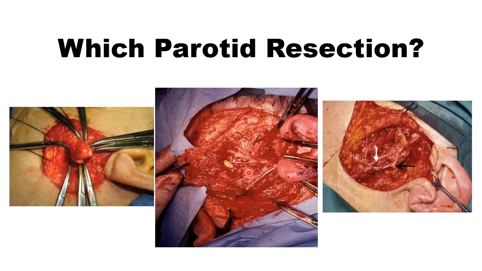The superficial parotidectomy operation comprises a formal identification and dissection of the facial nerve and all its major branches, and the resection of all the parotid gland superficial to the level of the facial nerve, including the tumor. Or if the tumor lies deep to the facial nerve level, a superficial parotidectomy is carried out first, followed by resection of the deeper part of the gland, deeper to the facial nerve and its branches, together with the tumor.